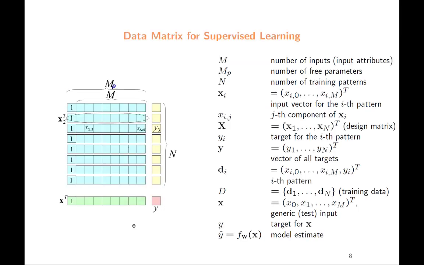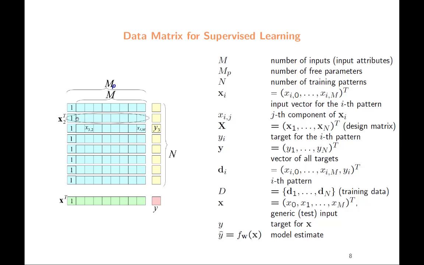Okay, so here we see again the data matrix for supervised learning. The bluish boxes on the left side are the inputs. Again, each row is an input data point. We have n of them, and we have m real inputs, and the number of parameters is, in this case, m plus 1, so MP is m plus 1.